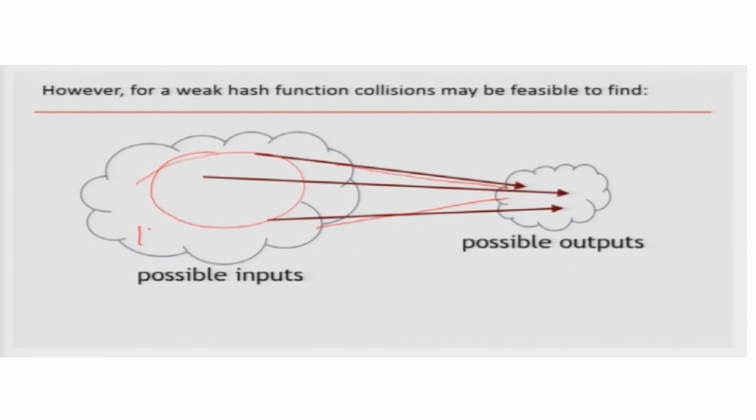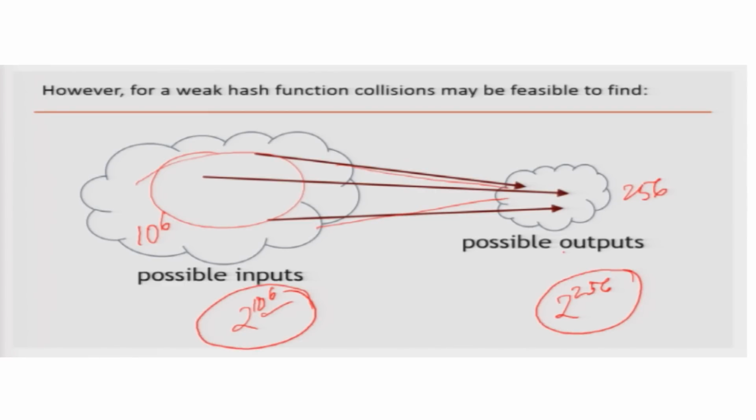Let us say these are 10 to the 6 length strings and these are 256 bit strings. Then all the possibilities here are 2 to the 10 to the 6 and here I have 2 to the 256, which is much smaller. So, this number is much bigger than this number. If the hash function is mapping all the strings here to strings here, then obviously there will be collisions.